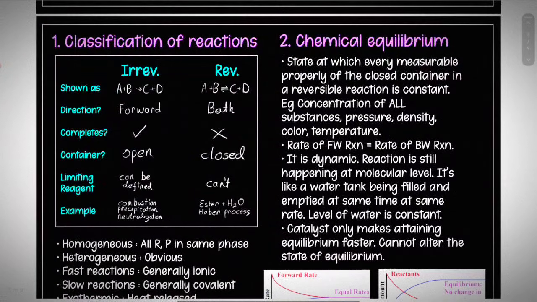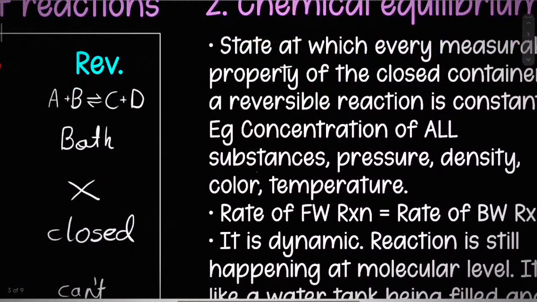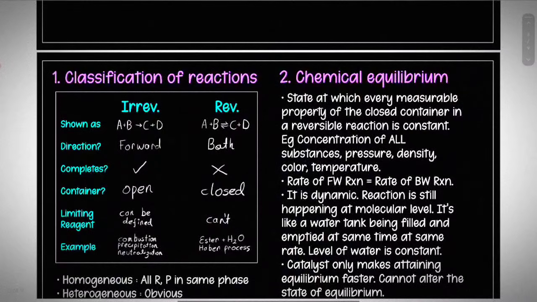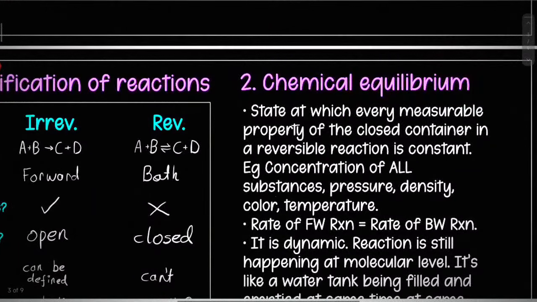Chemical equilibrium. What is chemical equilibrium? It is basically the state at which every measurable property of the closed container in a reversible reaction becomes constant. Equilibrium cannot be attained in an irreversible reaction. Just like in thermodynamics, if we do an irreversible process, the system never has time to attain equilibrium and the process is very fast.